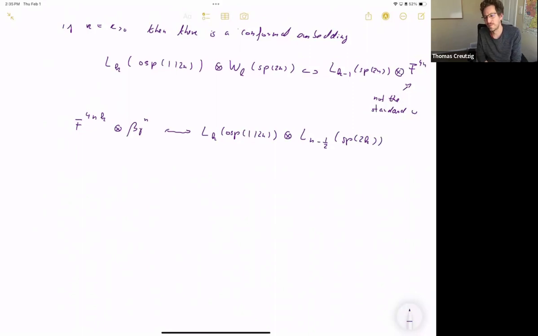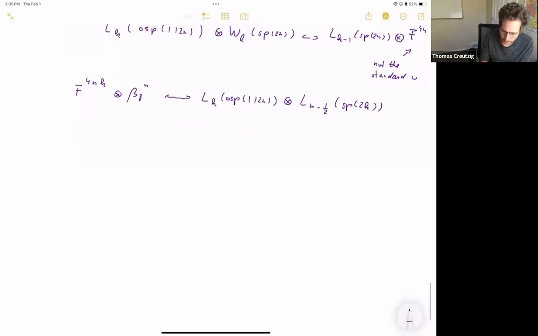This is better visible if you take the shifted levels, because in both cases, the level shifted by the dual Coxeter number is k plus n plus 1/2. So they have the same shifted levels, which is a standard feature of level rank duality.